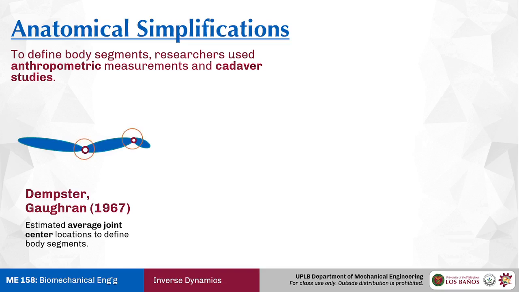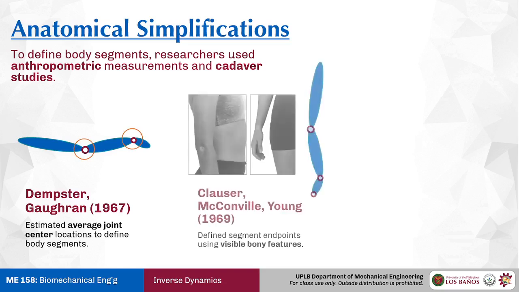So 2 years later, there are people who tried to make things a little easier. Instead of trying to locate the actual joint center, they defined the body segments to start and end based on some bony features that researchers and even the clients can feel themselves.